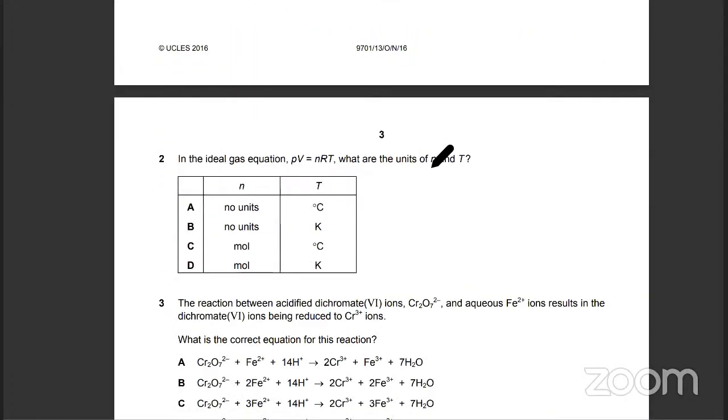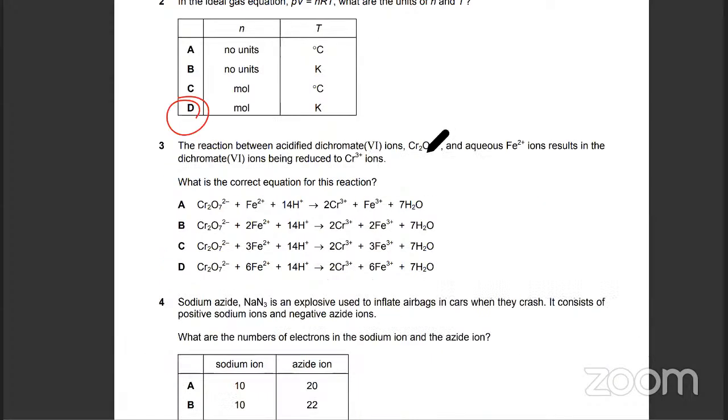Here, ideal gas equation. What are the units of n and T? So n is moles, and T is kelvins. So it's D. Up here, the reaction between dichromate(VI) and Fe2+ ions results in the production of... Whatever it is, it should be a balanced equation. So Cr is +6, and there it's +3.